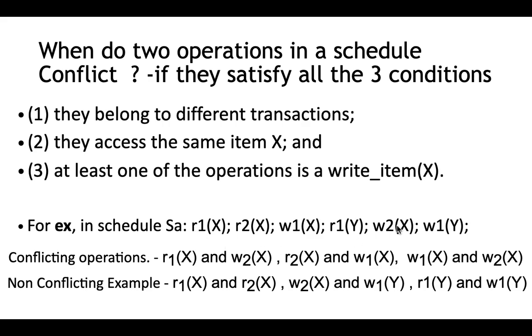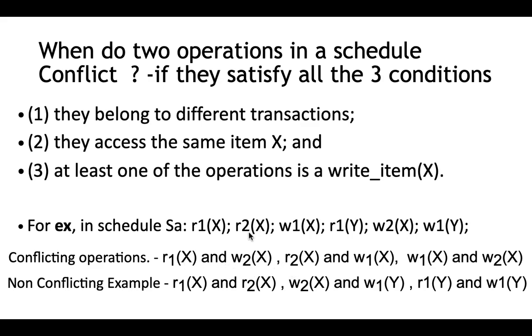R1 of x and W2 of x are conflicting because these three conditions are met. What were the conditions? They belong to different transactions. Yes, this one belongs to the first transaction, and this operation belongs to the second transaction. They access the same data item. Yes, they both access x. And the third condition is at least one of them should be a write item. So this is a write. That's why these are conflicting.